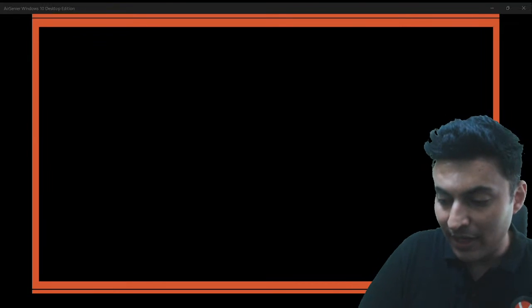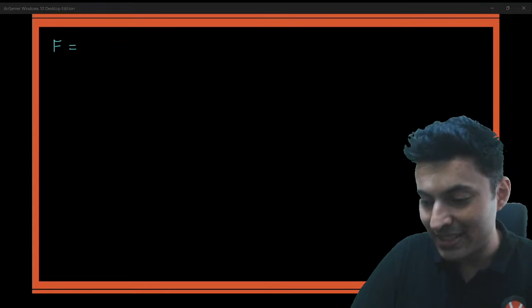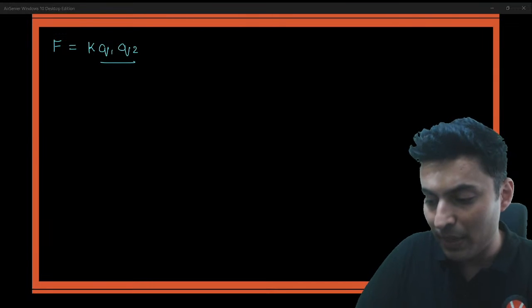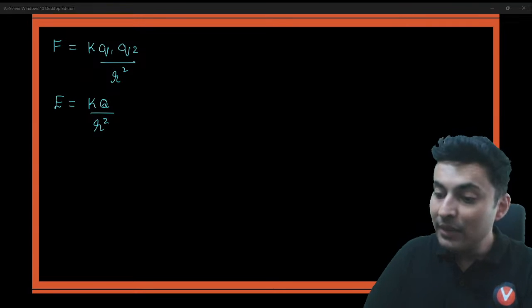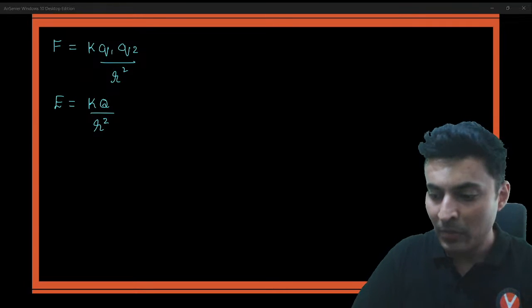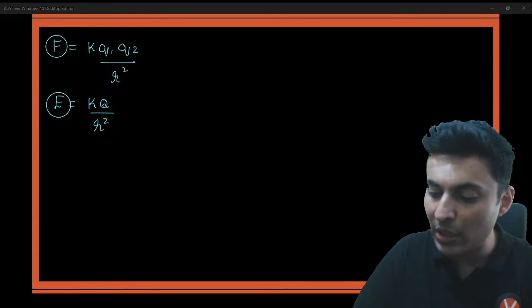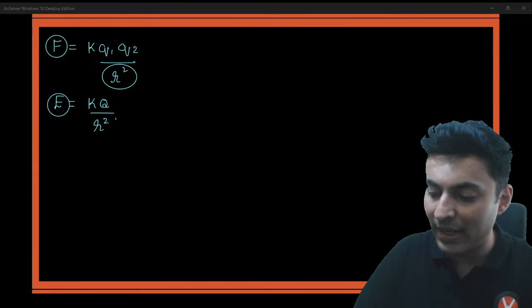Starting off with, when we write the Coulomb's force, it is nothing but K Q1 Q2 divided by R square, or the electric field as KQ divided by R square. If you notice over here, this quantity of force or this quantity of electric field, isn't it inversely proportional to R square?